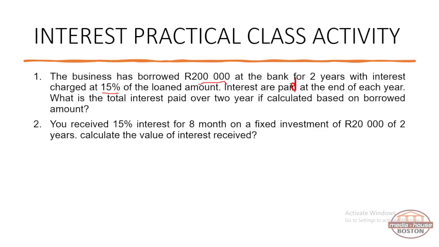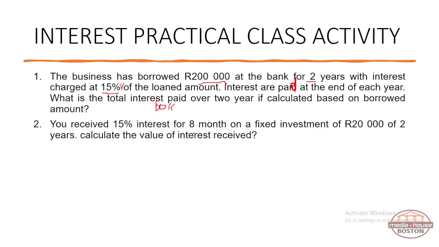So we take 200,000 multiplied by 15%, which gives the interest paid over a year, and then multiply by 2 to get the total interest paid over 2 years, which is 60,000. So the answer is 60,000. I'm giving you this as an activity to try to get 60k.